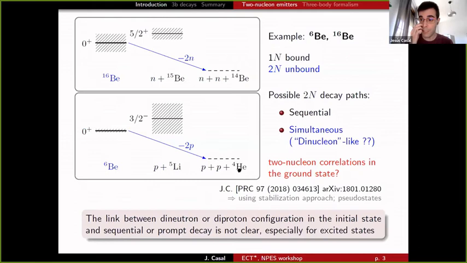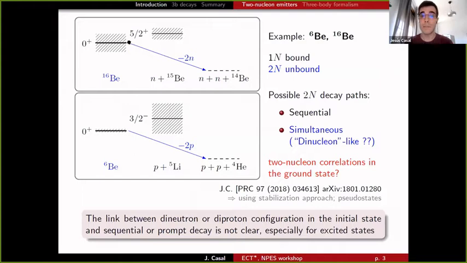So to be more specific, although we have already seen this before, we speak about 2-nucleon emitters in the original sense for 3-body nuclei which lie totally in the continuum. They are unbound with respect to 2-nucleon emission, but bound with respect to 1-nucleon emission, such as beryllium-16 or beryllium-6.